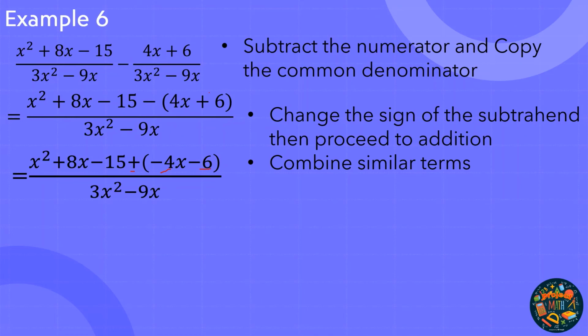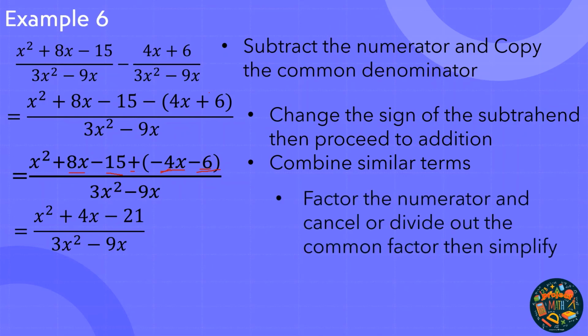Similar terms are 8x and negative 4x. So when we combine, it is equivalent to 4x. And then another one, we have negative 15 and negative 6. So when we combine, it will become negative 21. So we have our expression as x squared plus 4x minus 21 over 3x squared minus 9x.